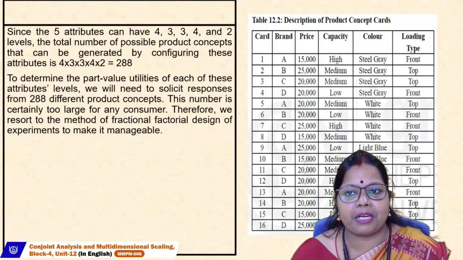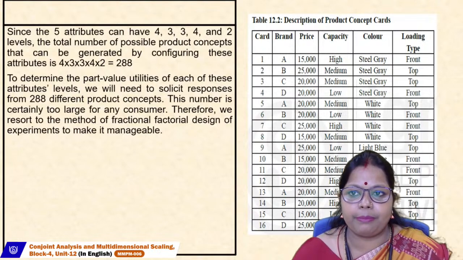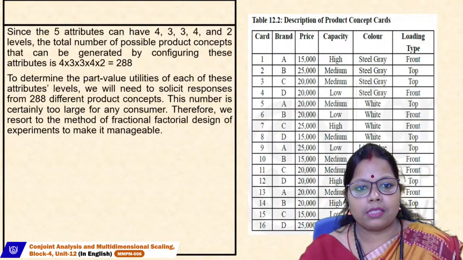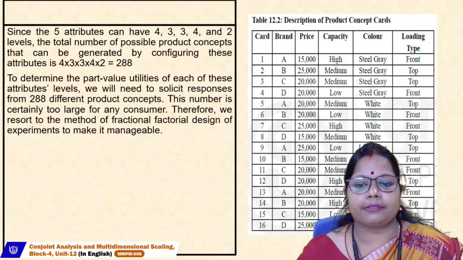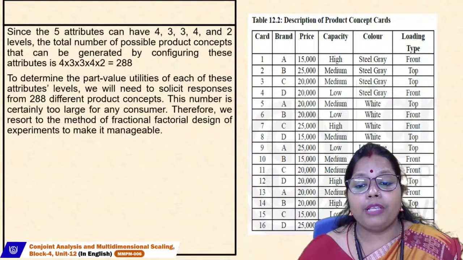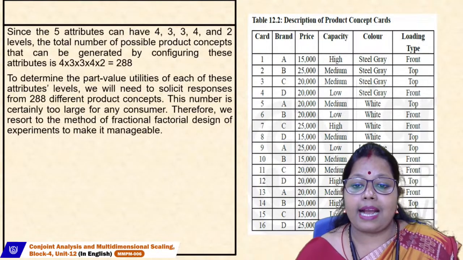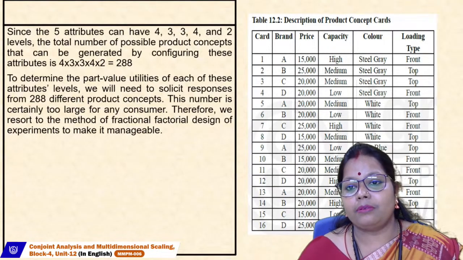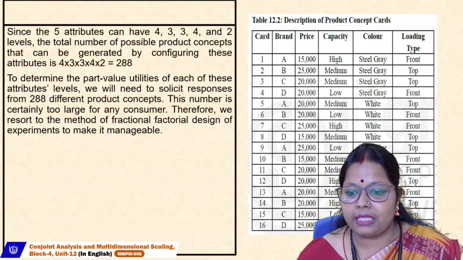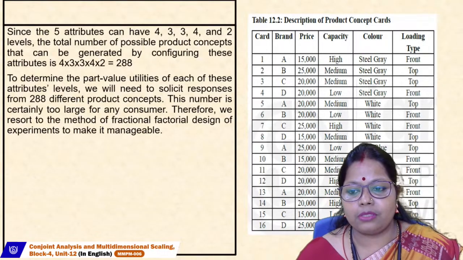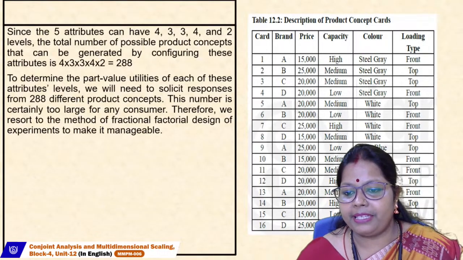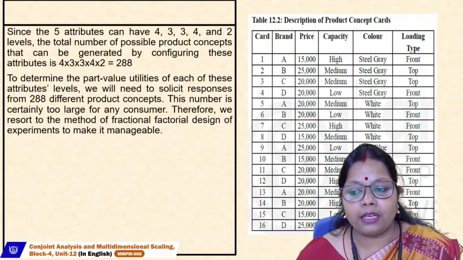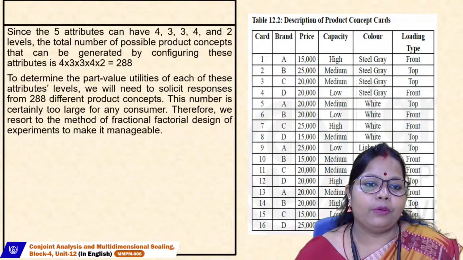Here the washing machine is a product, and in the product description table, we can see the concept cards and the different attributes for each card. The same here, if somebody says card 11, what is the description of card 11? Then a person can say it is brand C and the price is 20,000 and the capacity is medium. It is light blue in color and it is a front loaded washing machine.